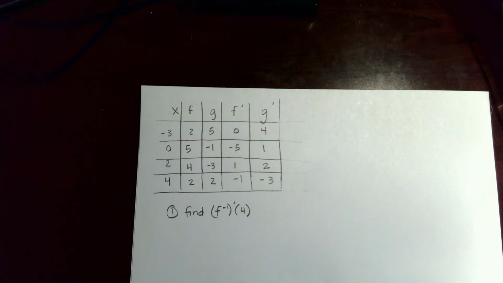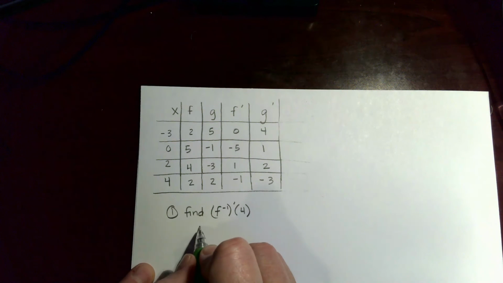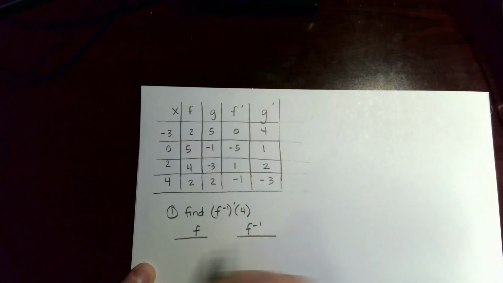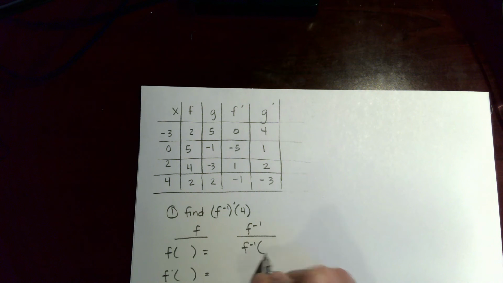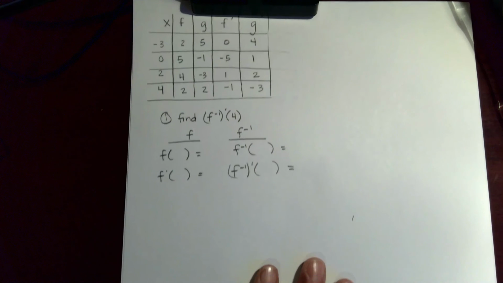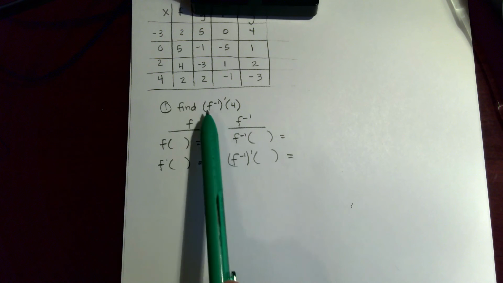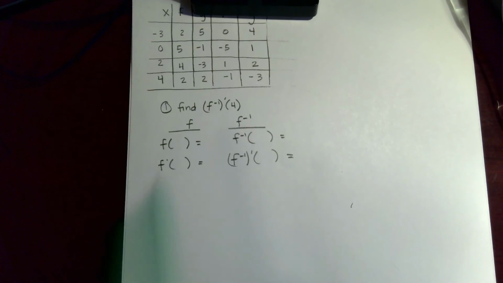Okay, so I would have to think really hard doing it the old way. So I'm just going to go, I've got f inverse. Okay, they want me to find the derivative of the inverse at 4.